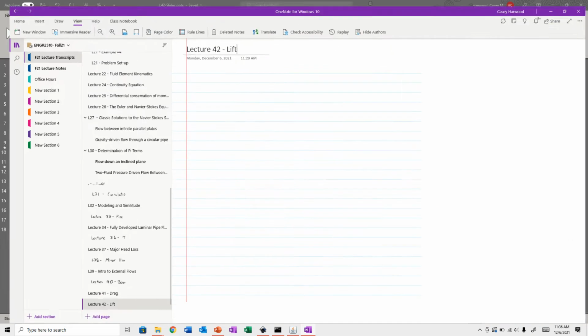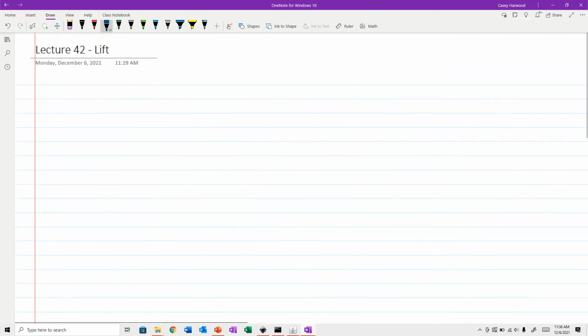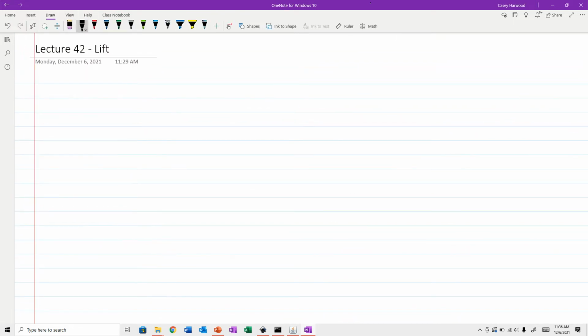But what we're here to talk about today is our very last topic of the class, which is fluid dynamic lift. And so our objectives: describe how lift forces originate from flow around a body.